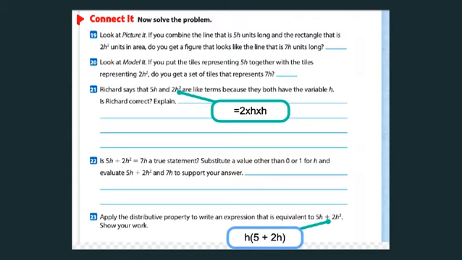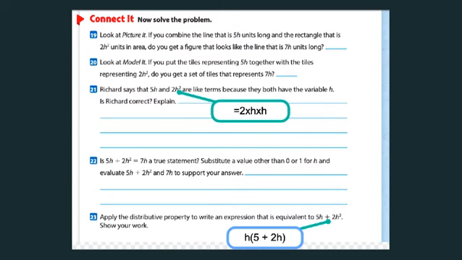Number 22 says, is 5h plus 2h squared equals 7h a true statement, which we have talked about. And then it says to substitute a value other than 0 or 1 for h and evaluate 5h plus 2h squared.